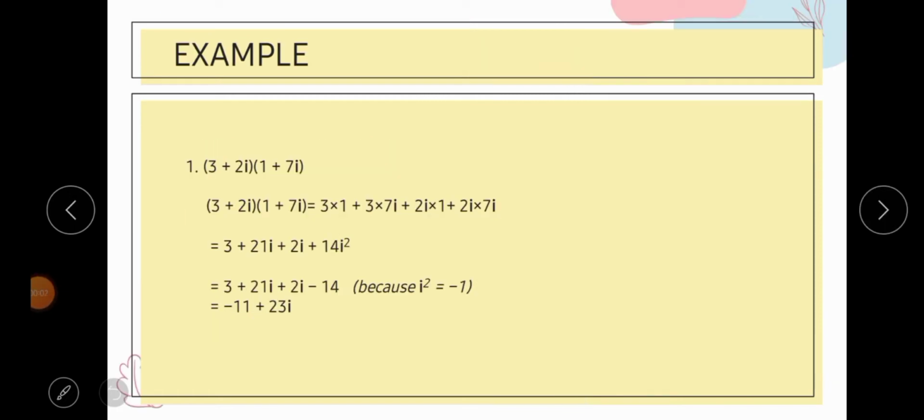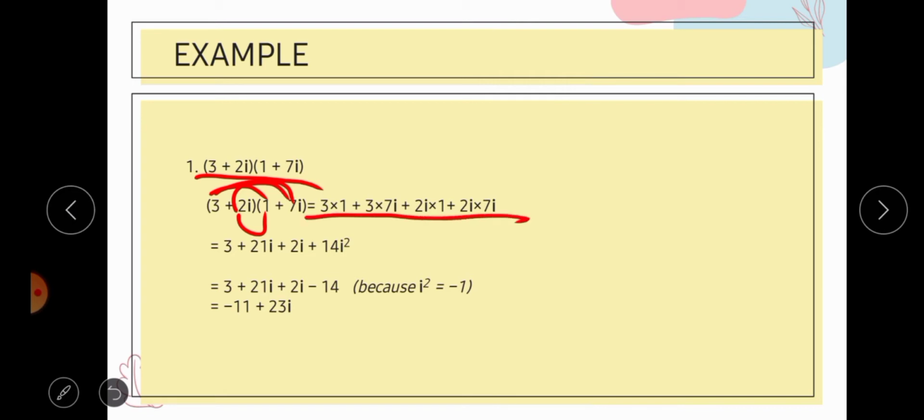In number 1, we have the quantity of 3 plus 2i times the quantity of 1 plus 7i. So we have to use the FOIL method, which stands for first, outer, inner, and last. So 3 times 1, 3 times 7i, 2i times 1, and 2i times 7i.